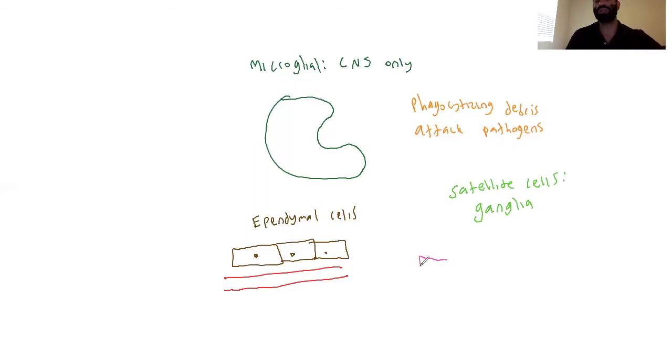But one neuron can synapse with other neurons. So this is a neuron. There's the axon terminal. A satellite cell is going to form something called a ganglion, which is a structure where one neuron or a couple neurons can synapse with up to 30 other neurons.